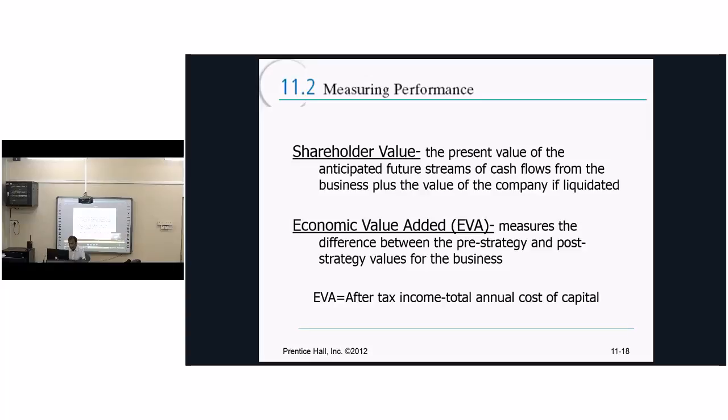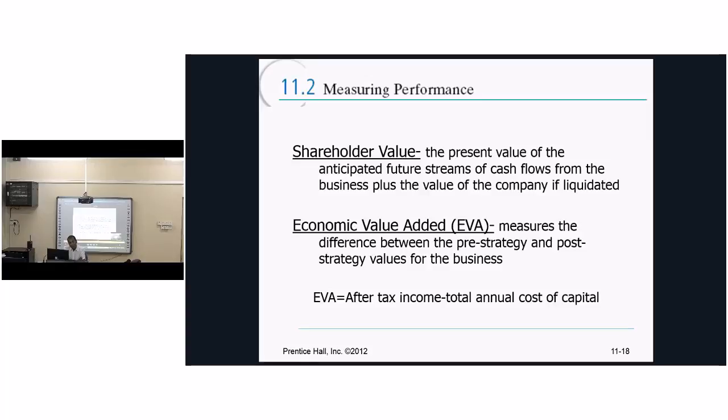Basically, economic value added measures after-tax income minus the total annual cost of capital. If you deduct your cost of capital from the after-tax income of the company, what is left is known as economic value added.